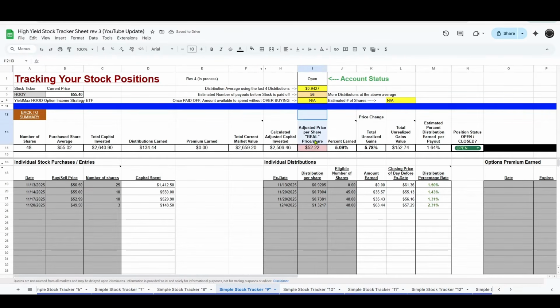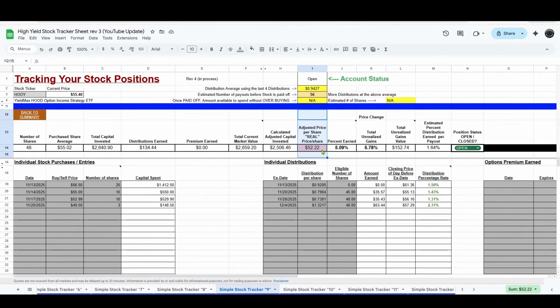And you can see I'm continually lowering this because I don't know what the actual price of HUI is going to do. I am under it, but I don't want to be comfortable there. I want to continually lower it so that if the price of HUI drops down to $53, guess what? I'm still good. What I mean by good is that my real price per share is still under the current price of the stock or ETF.